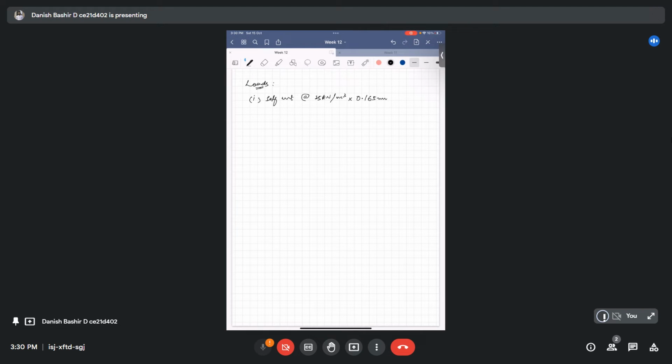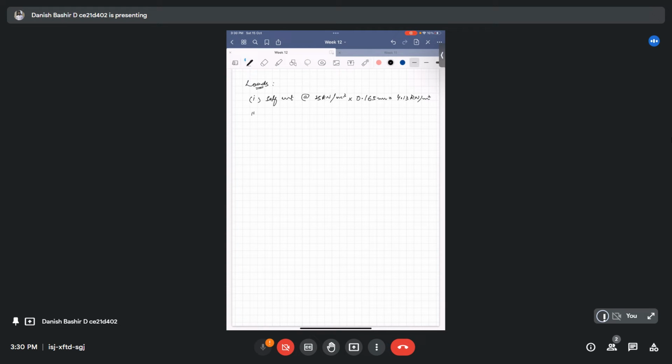Because we have provided an overall depth of 165 mm, so that is 0.165 meter. This will be turned into a surface load of 4.13 kilonewton per meter square. Okay, it's easy to calculate. I have shown these calculations in detail in the design of one-way slab.